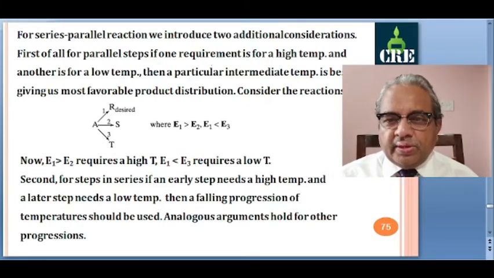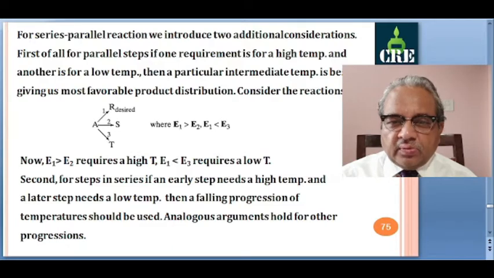So we have one requirement for high temperature and another requirement for low temperature. So when we compare this and when we compare this, E1 greater than E2 and E1 is less than E3, this is mentioned. Then a particular intermediate temperature. So we have here contradicting demands for R desired.